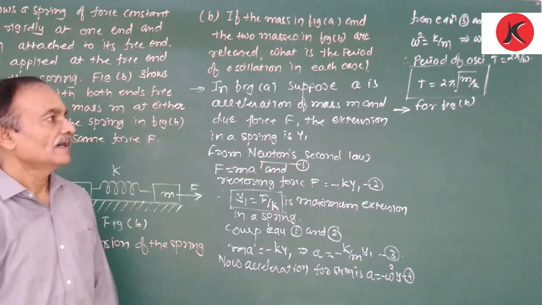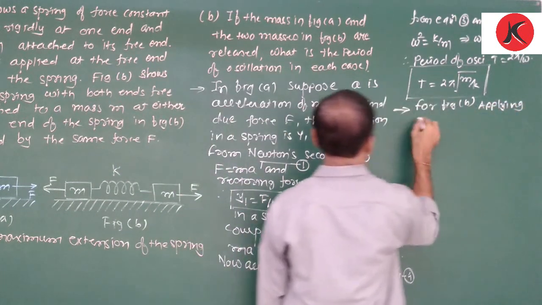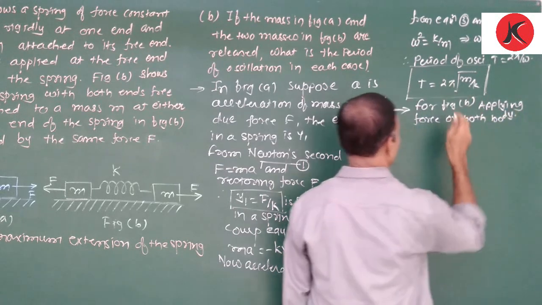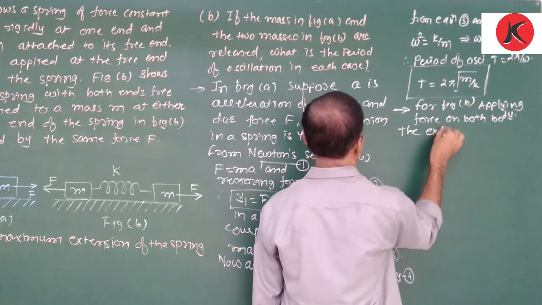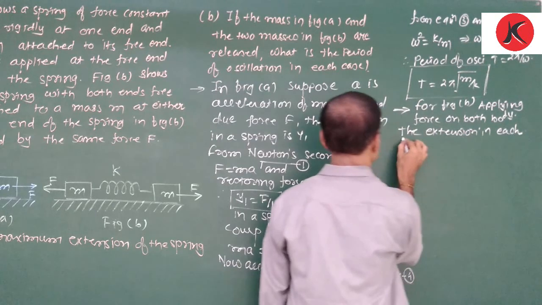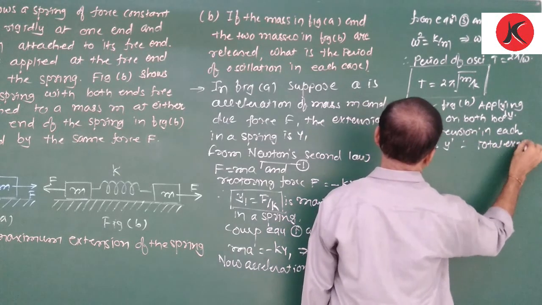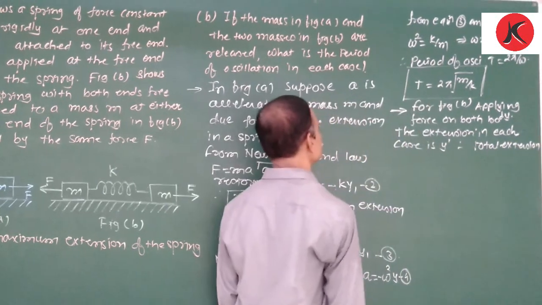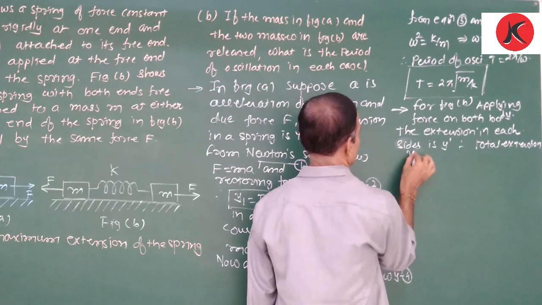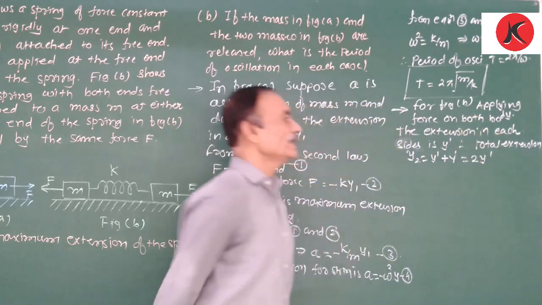Applying force on both bodies. The extension in each spring is y dash. Therefore, total extension y2 is equal to y dash plus y dash, that means 2y dash.